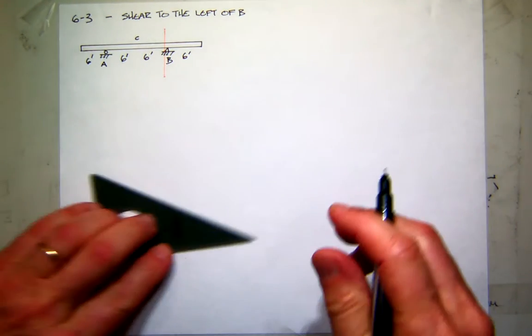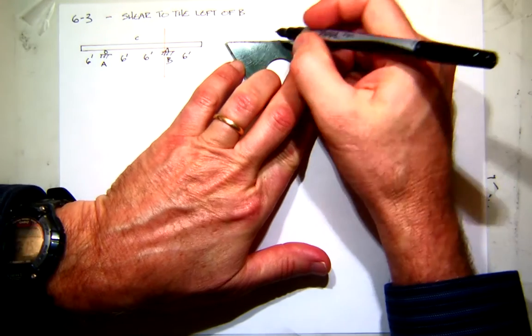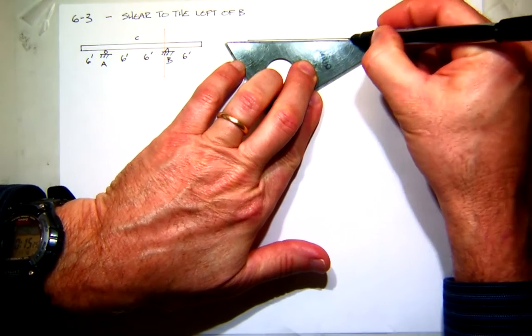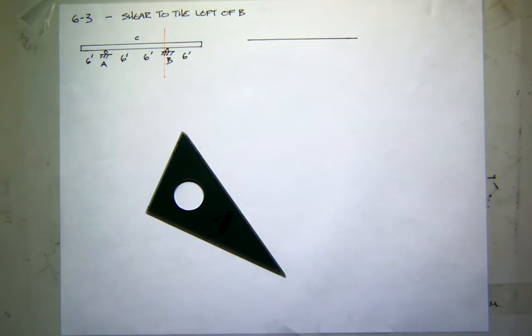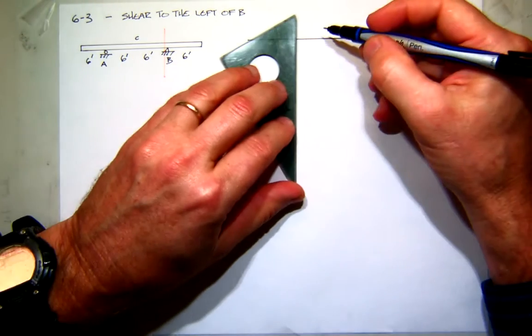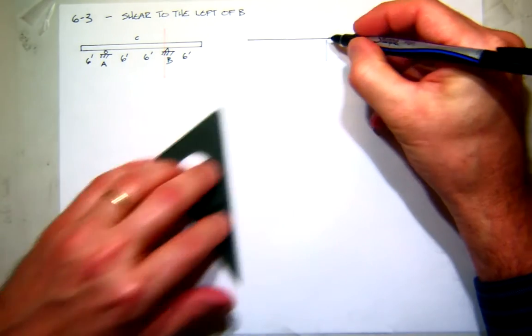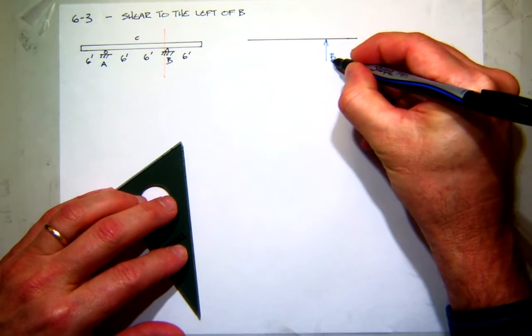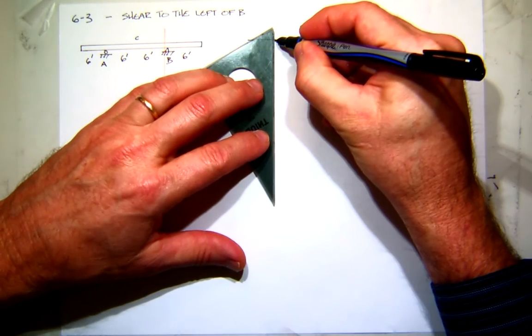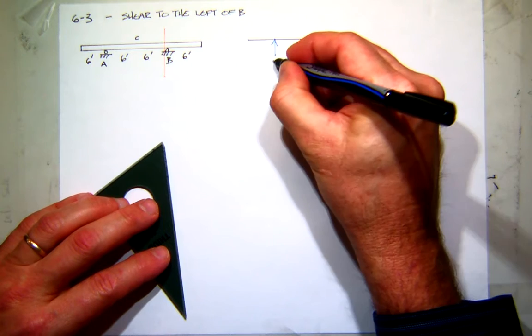So what I'll do first is I'll come over here and I want to find my reaction at B, which will be right about here. So there's BY, there's AY.